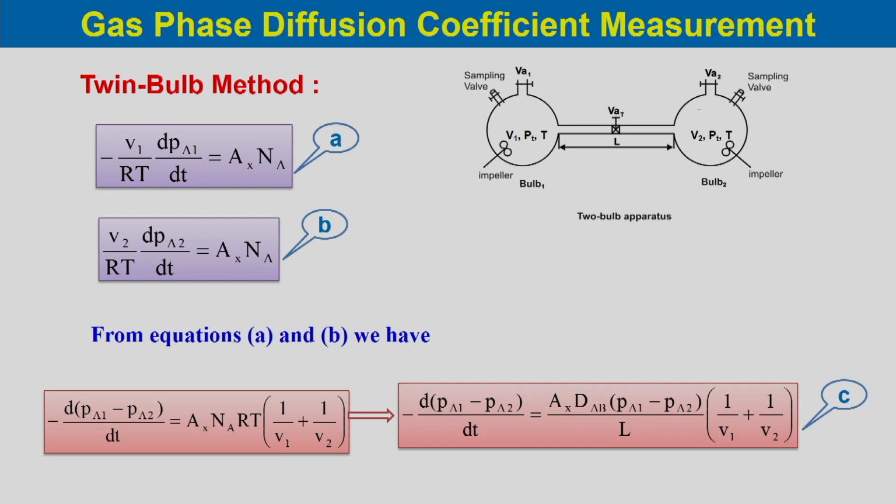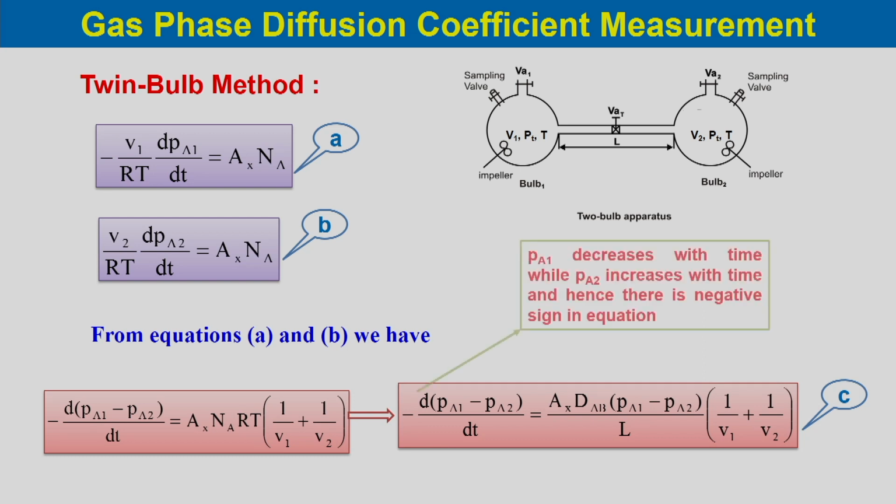Let us call this equation C. The negative sign is incorporated because PA1, the partial pressure of component A in bulb 1, decreases with time, while PA2 increases with time.